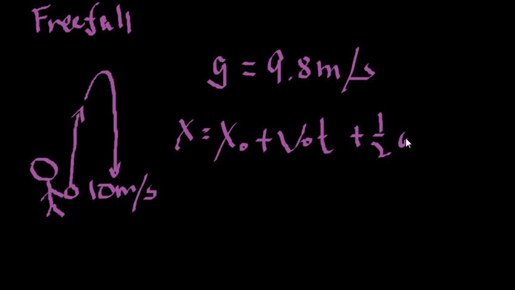V initial is 10. T we have no idea what it is yet. 1/2 a is negative 9.8 t squared. So x equals 10t plus 1/2 a, which is negative 4.9 t squared.